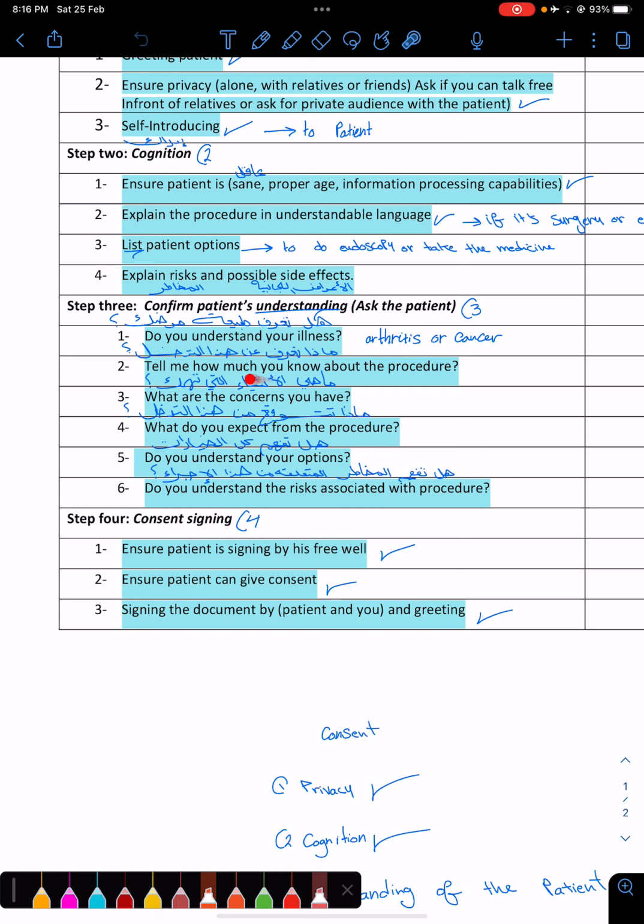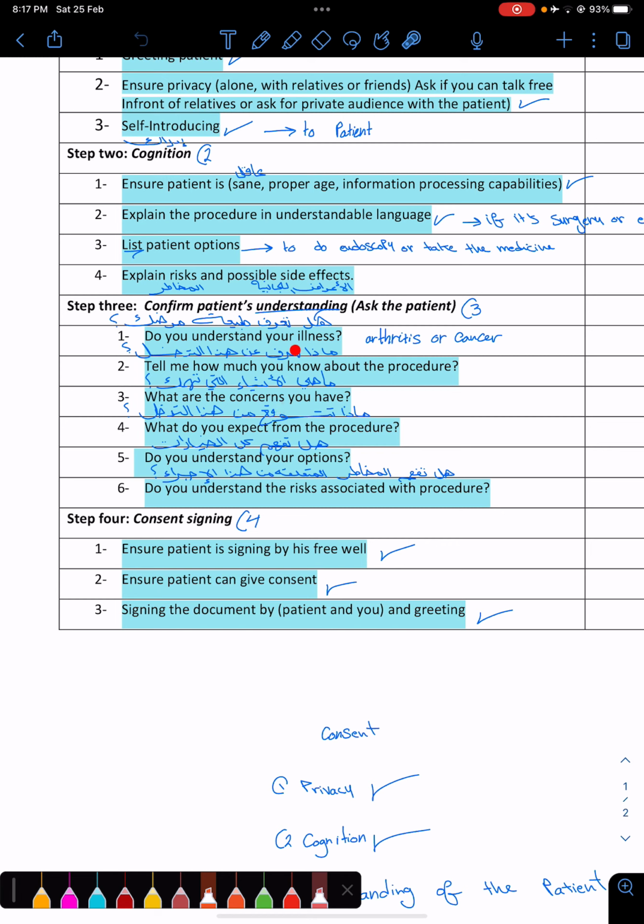What are the concerns you have? What scares you? What fears do you have about this? Did something happen to any of your relatives, or have you seen something like this? So what are the concerns?